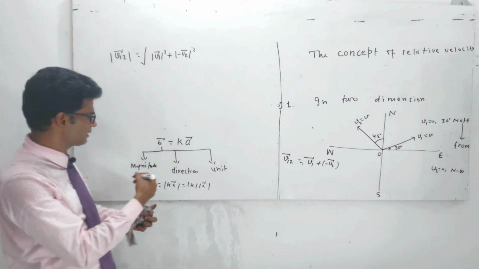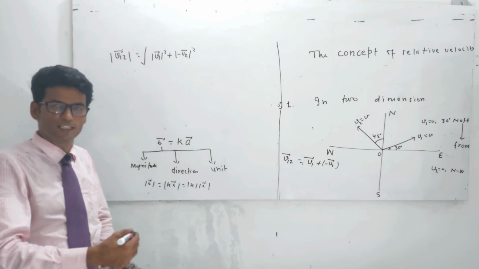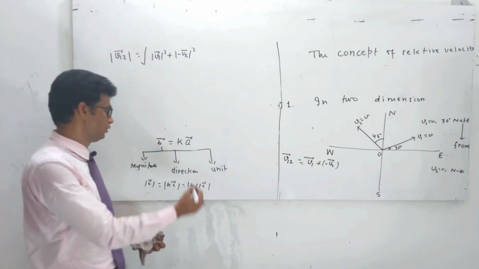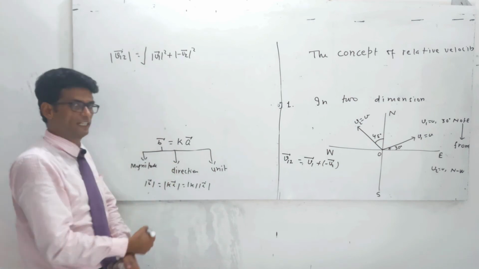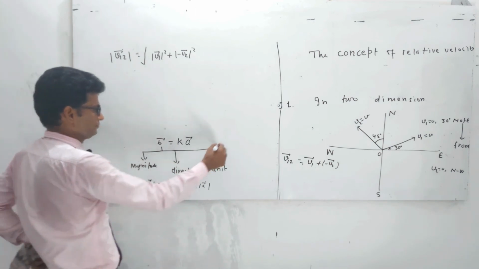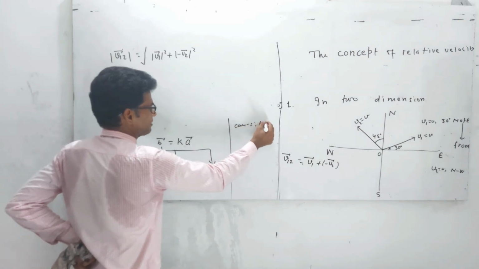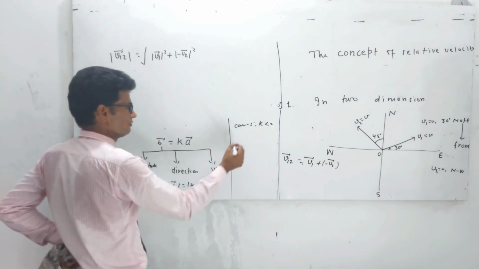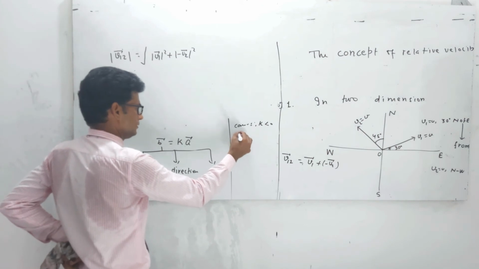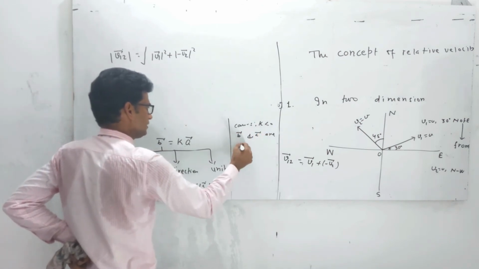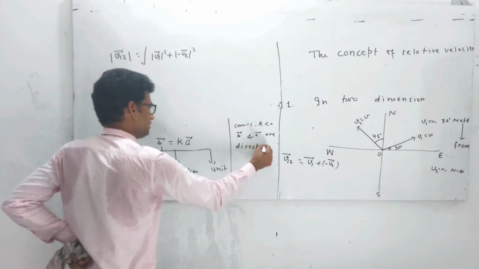However, sometimes we say k times mod A, which is okay if k is positive. If k is negative, there is a question. So if k is negative, no matter, it is mod k times that. What about direction? Case 1, if k is negative, then B and A are directed oppositely.